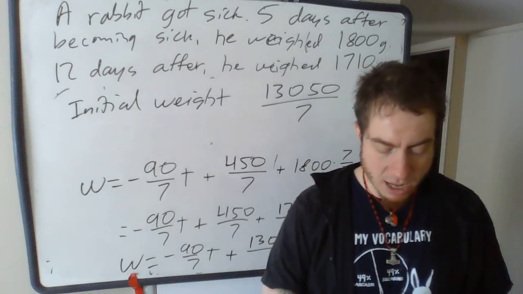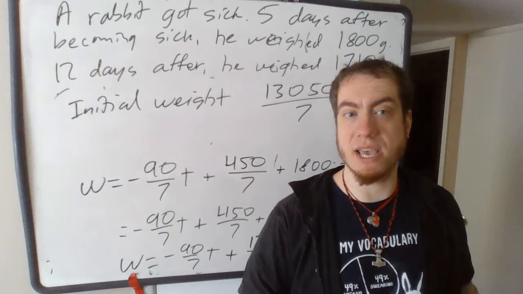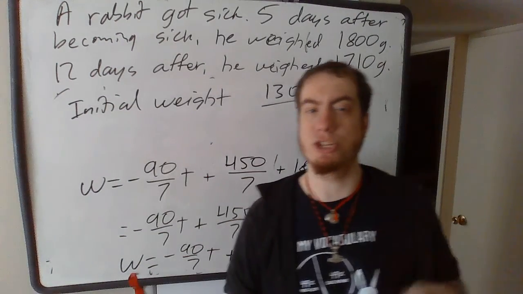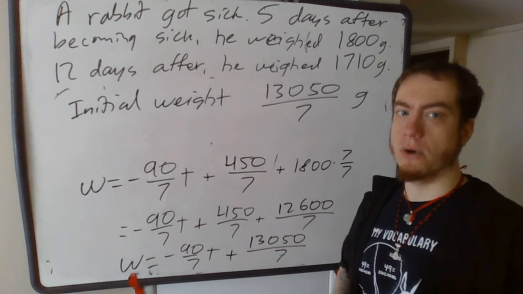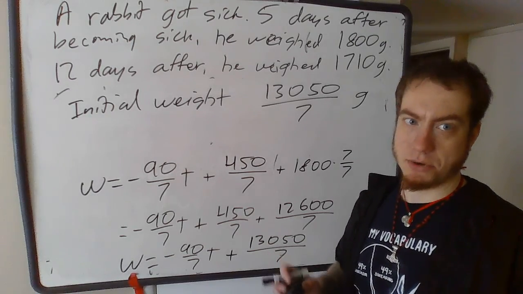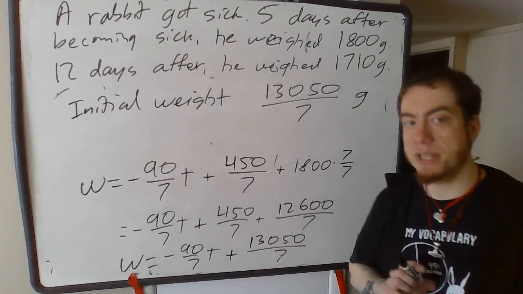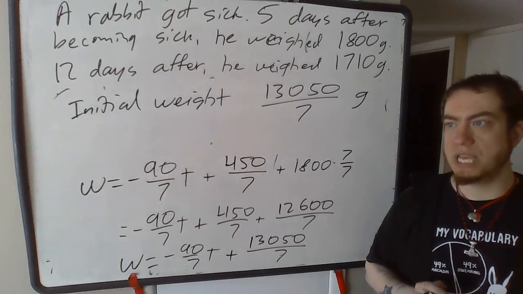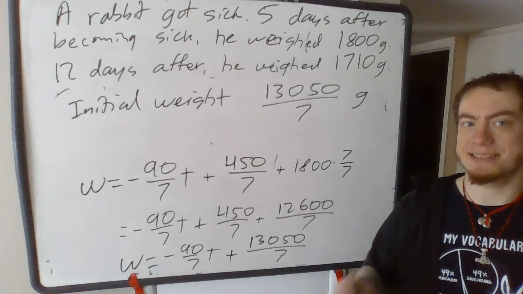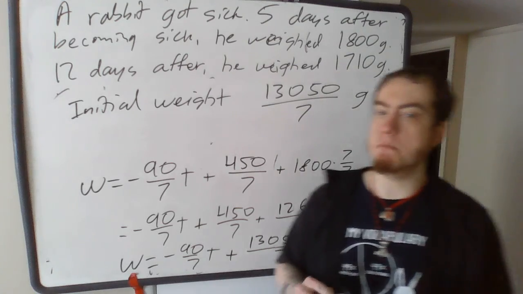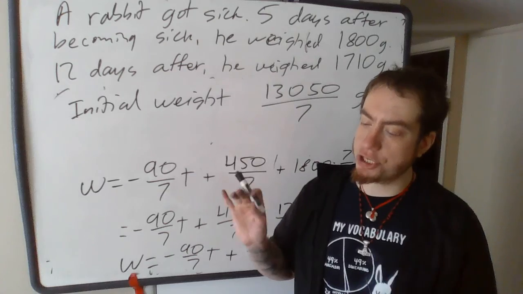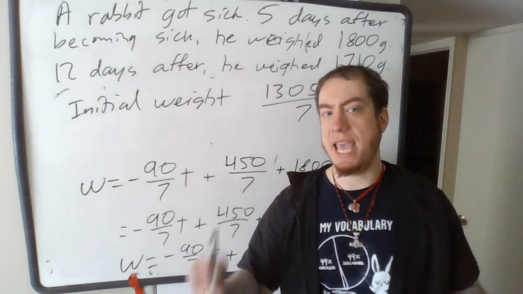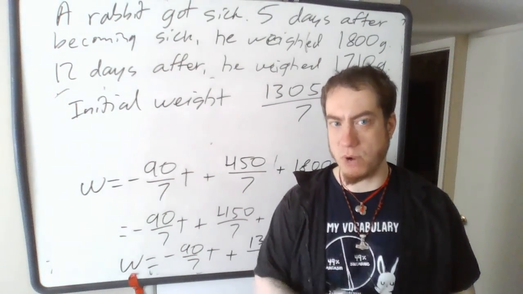So as you can see, there are various types of problems that can be modeled using these linear equations. Now, I do want to mention a few things about the limitations of linear modeling like this. The problem is really that a lot of things in the real world don't change at a constant rate. So in order to be modeled by a linear equation, the relationship between two variables has to change at a constant rate.